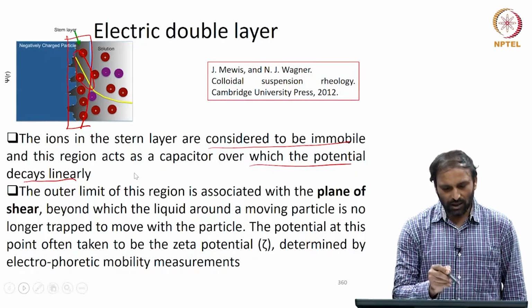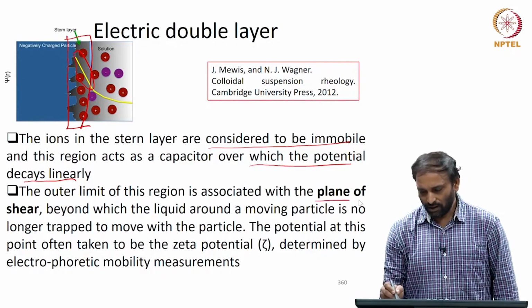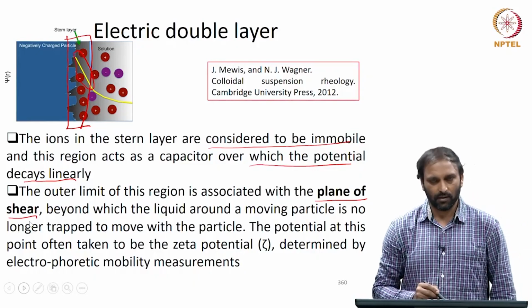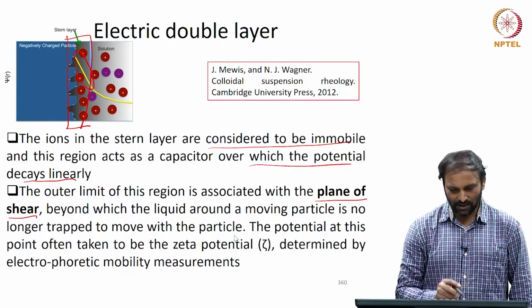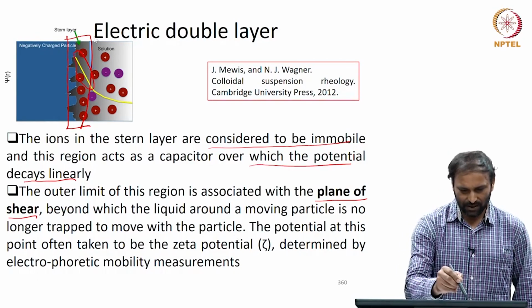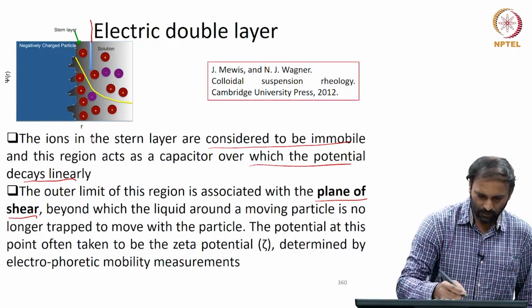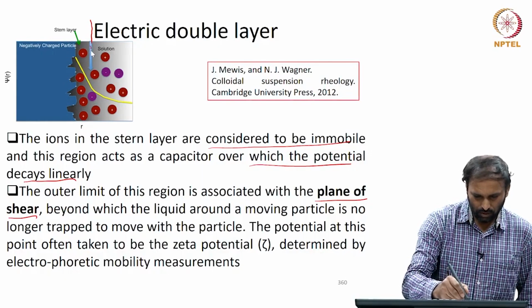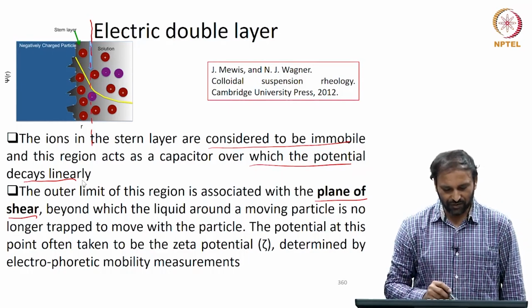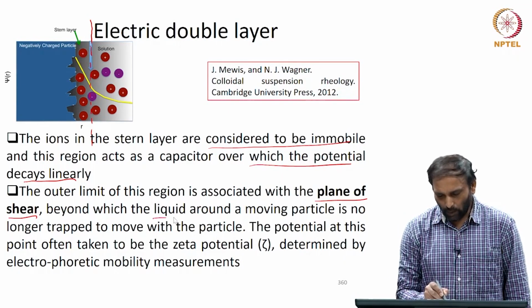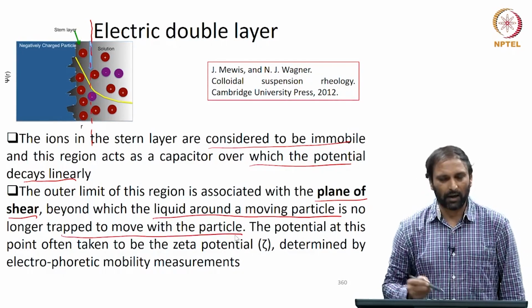The outermost limit of the Stern layer is associated with what is called a plane of shear, and so this essentially signifies that beyond this plane of shear, I am going to draw a dotted line here, that is the plane of shear beyond which the liquid around a moving particle is no longer trapped to move with the particle.